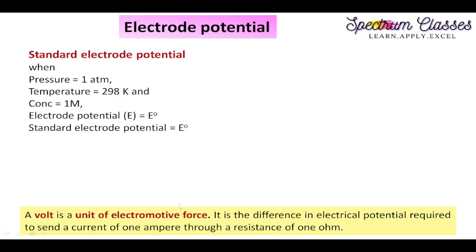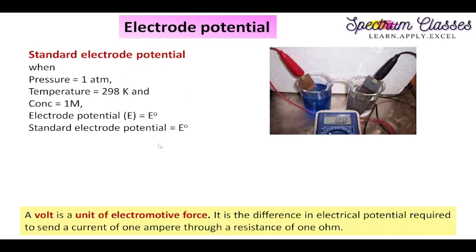The electrode potential of a cell is known as the standard electrode potential, represented by E naught, when the pressure is 1 atmosphere, the temperature is 298 K, and the concentration of the electrolyte solution is 1 molar.